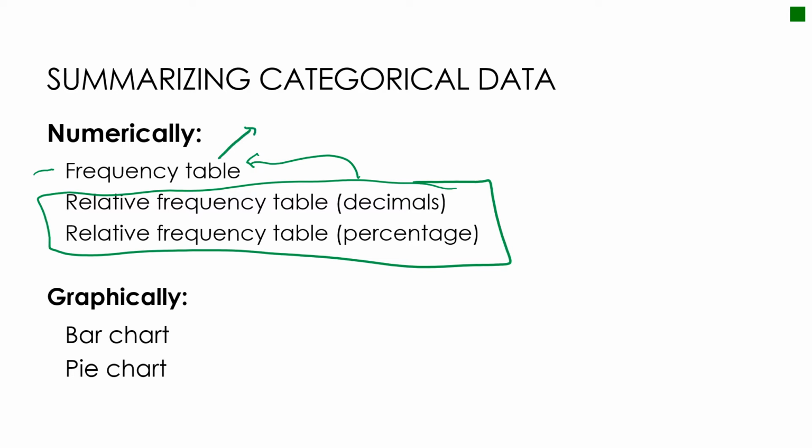The regular frequency table just gives counts. A relative frequency table gives decimals or percentages, so quite often you'll see data recorded as a count and also as a decimal or percent. If we want to summarize categorical data graphically, we will use a bar chart or a pie chart, and we'll go over all of those together.